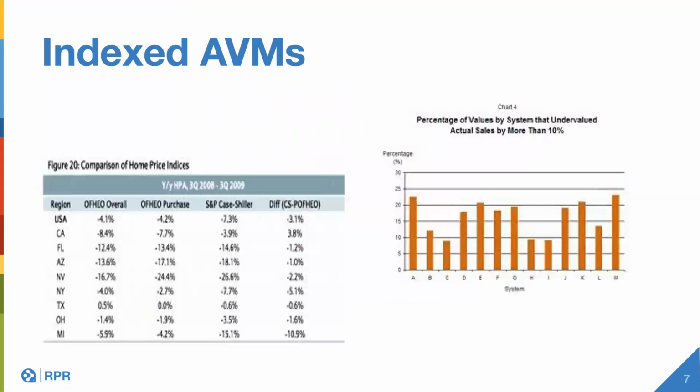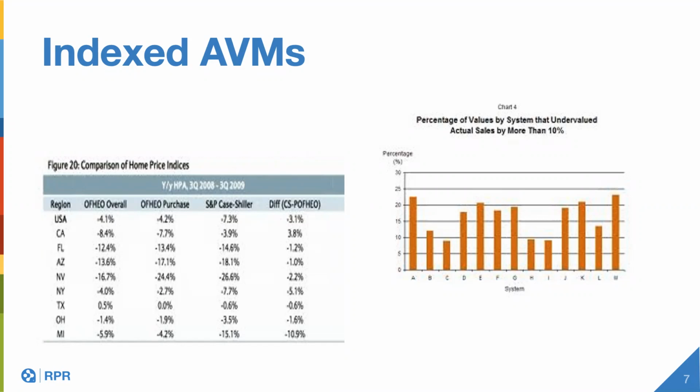Then the indexed AVMs, this projects the valuation based on sales trends in a geographic area. They take a look at the specific aspects of the subject property, but they really aren't considered except to select a number of similar properties.